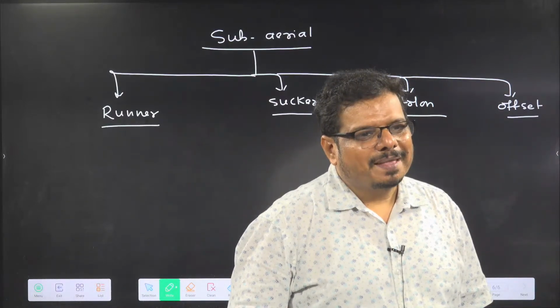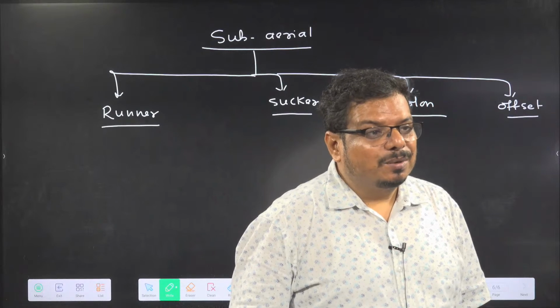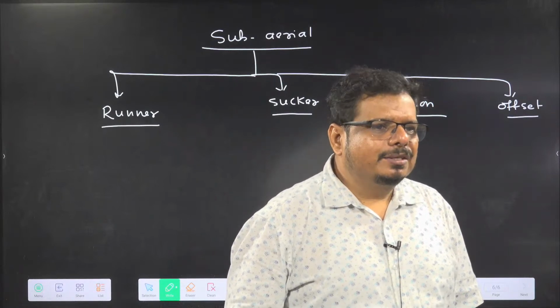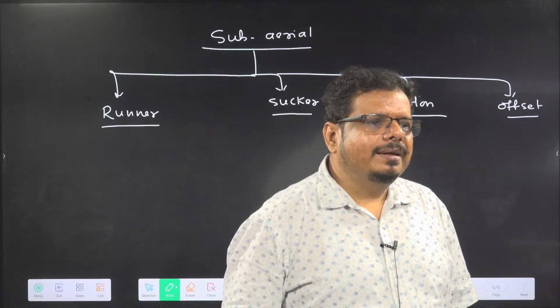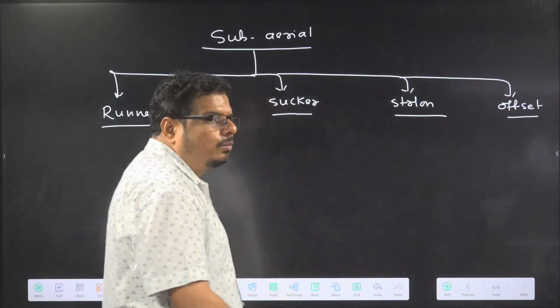Stolon. Got the idea? You got the intention of the paper setter. Because in the NCERT lab manual, it is written that strawberry is a stolon. Getting the idea or not? So I told that detail for that reason.